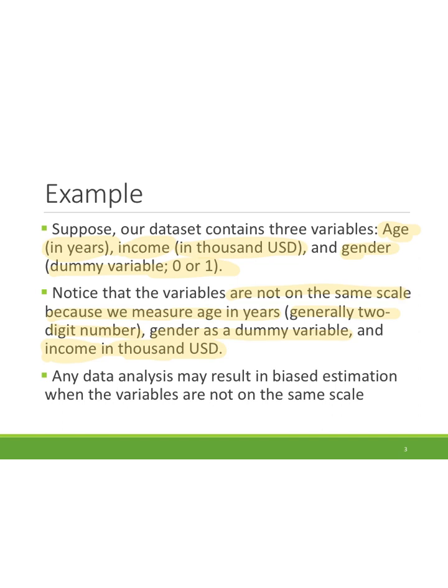It is generally 4 to 6, 7 or 8-digit numbers. So although we have three variables, they are not on the same scale.